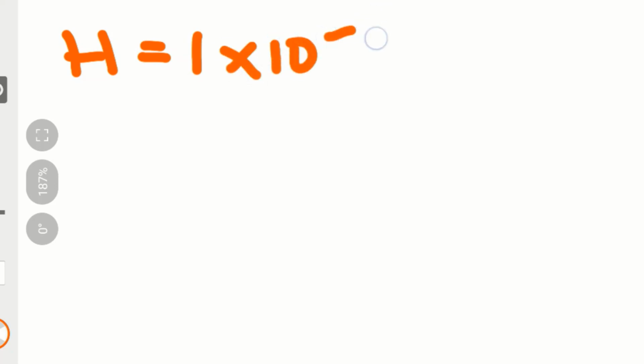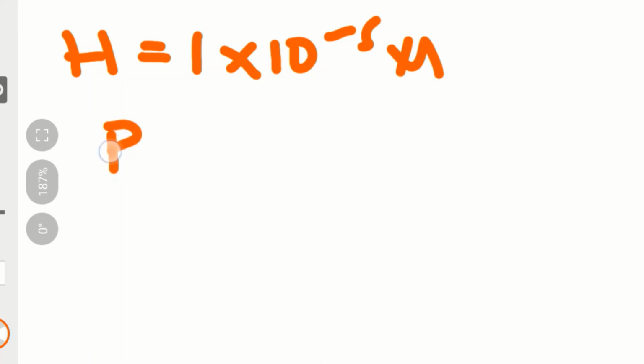Okay, for you to derive the pH of a solution by having the hydronium concentration as a given, you just have to input it in your general formula. The given is 1 times 10 to the negative 5 molar.